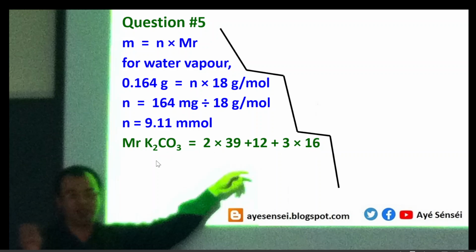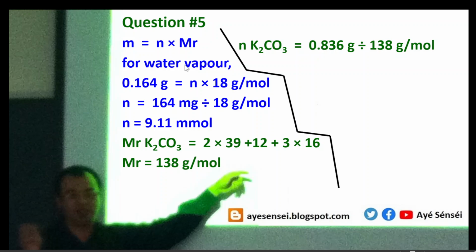If we calculate this, we will get 138 grams per mole. Applying the same correlation to find the number of moles, I convert to milligrams as well. So 836 divided by 138. The result is 6.06 millimoles.